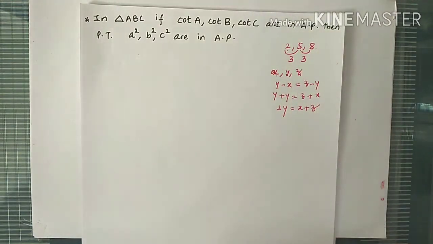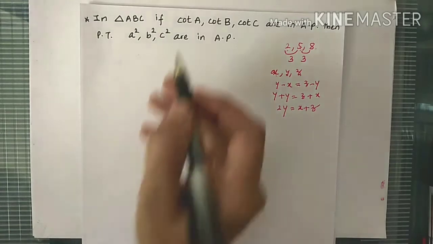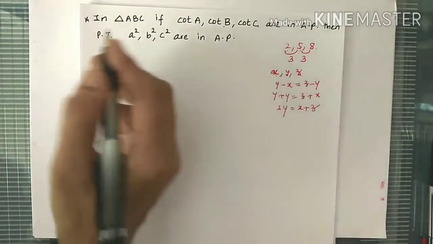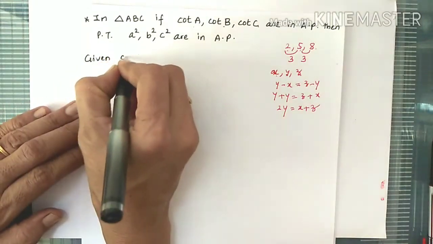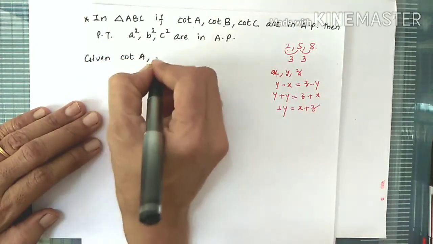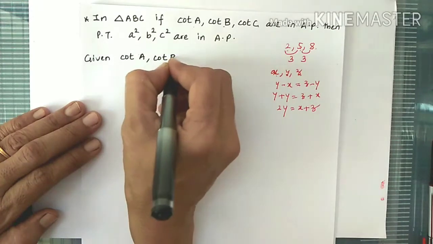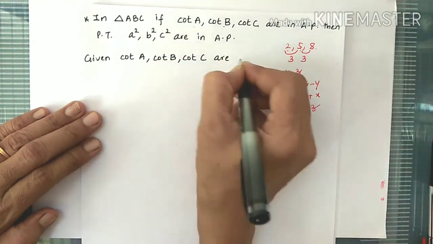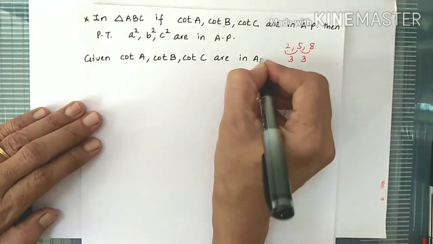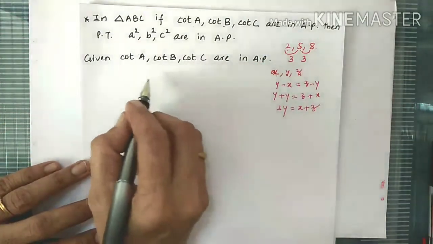Okay, so let's use this. Now what is given is chord A, chord B, chord C are in AP. That means twice of the middle term. Which is the middle term?